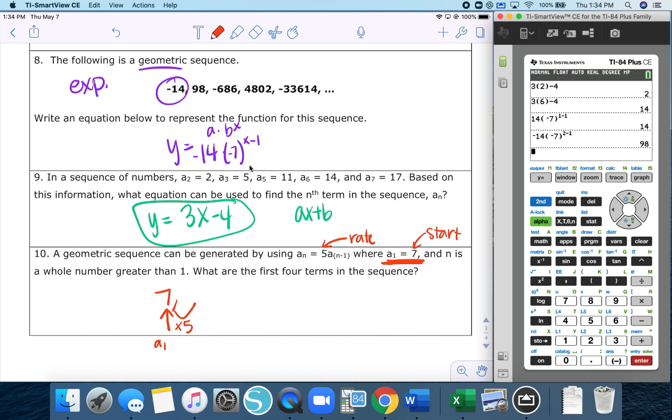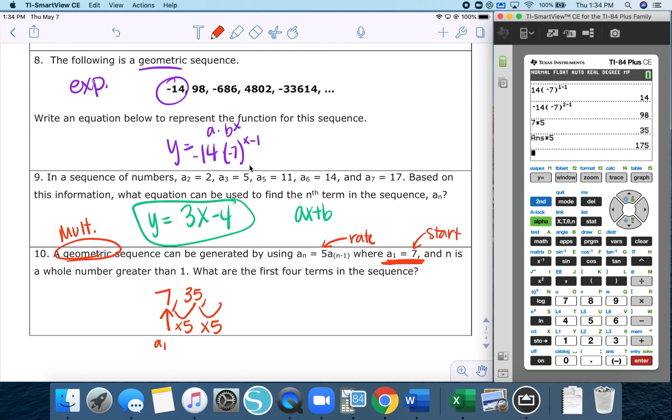Then your rate, this is geometric, so we multiply. So that first number times 5 is 35. And then we will do it again. So in your calculator, you can do times 5 times 5 times 5. And that would be 875, and they've asked for the first 4 terms in that sequence.